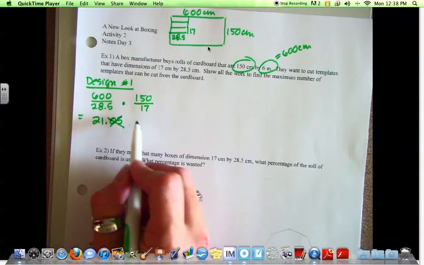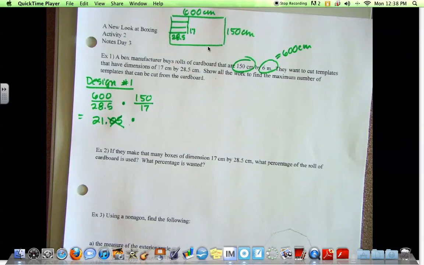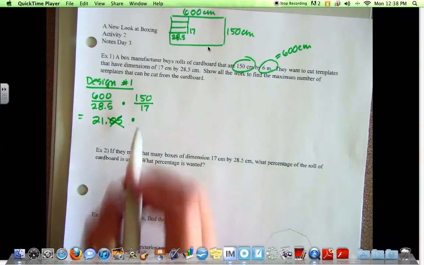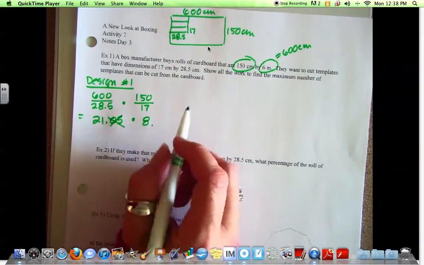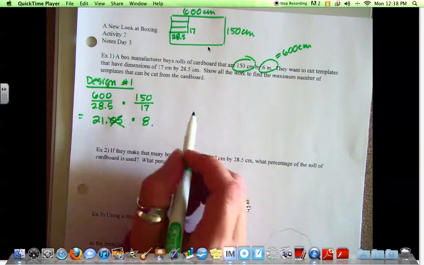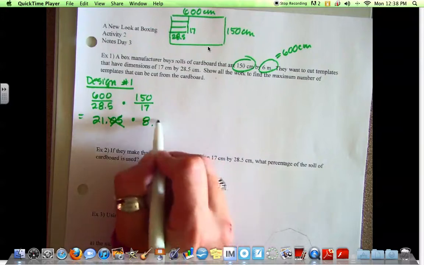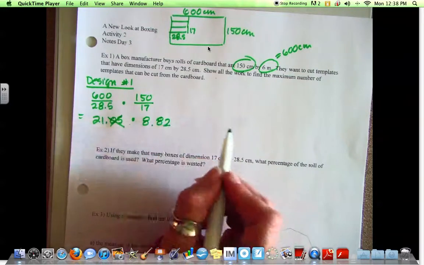All right, 150 divided by 17 gives us 8.82. Do we want the 0.82? No.